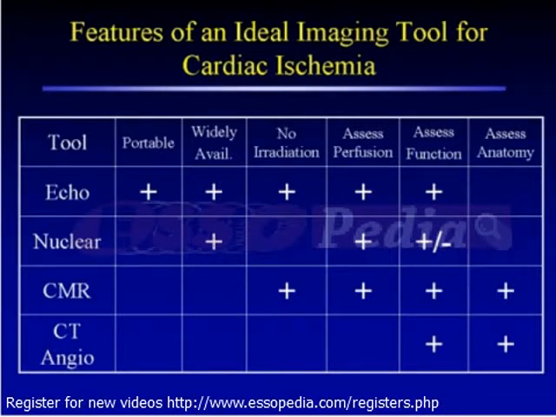Finally, an imaging tool to detect ischemia should also either directly detect myocardial blood flow to tissue, such as assessing perfusion, or it should assess some corollary of ischemia, such as wall thickening abnormalities. As you can see from this table, echocardiography actually has many of the aspects that make it an ideal ancillary imaging tool for the detection of ischemia.